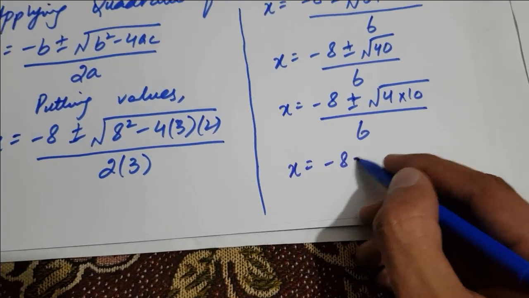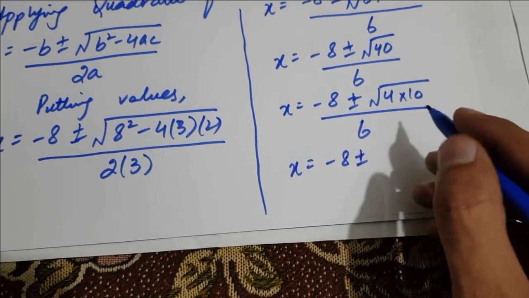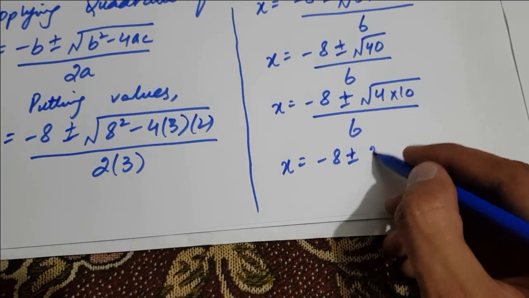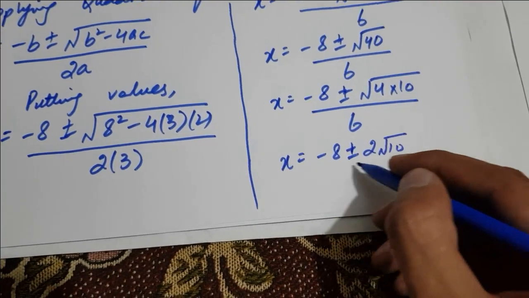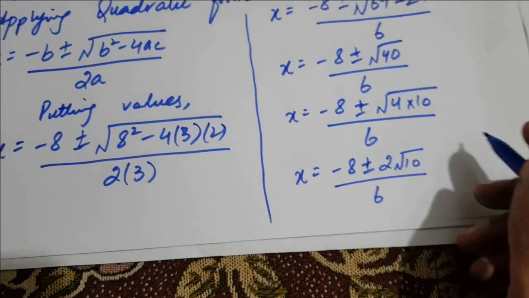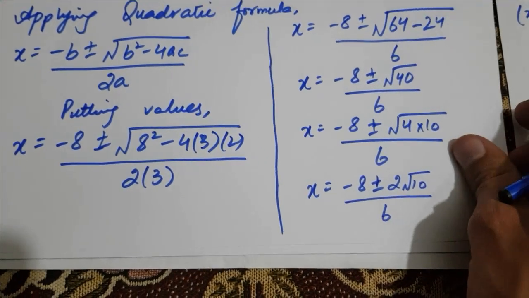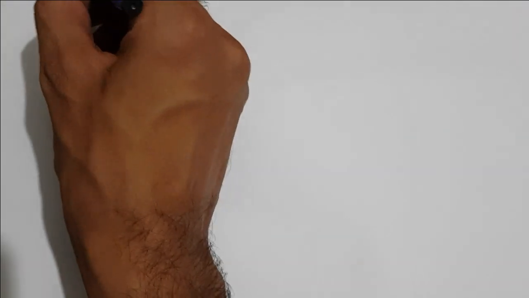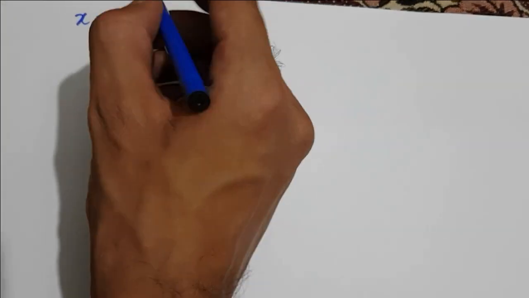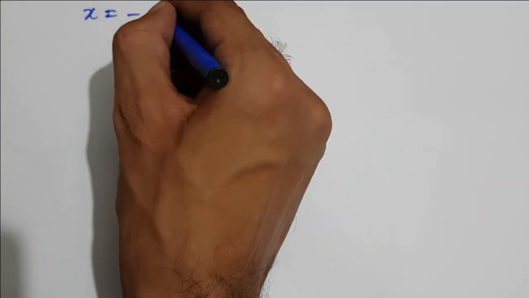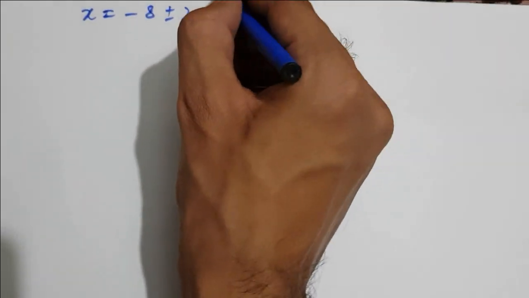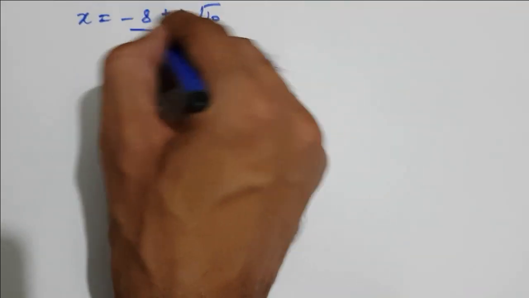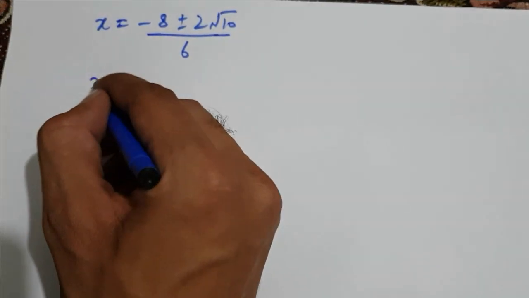Or we can say x equals minus 8 plus minus, since the square root of 4 is 2, we can write 2 square root 10 over 6. Further solving this equation, x equals minus 8 plus minus 2 square root 10 over 6.